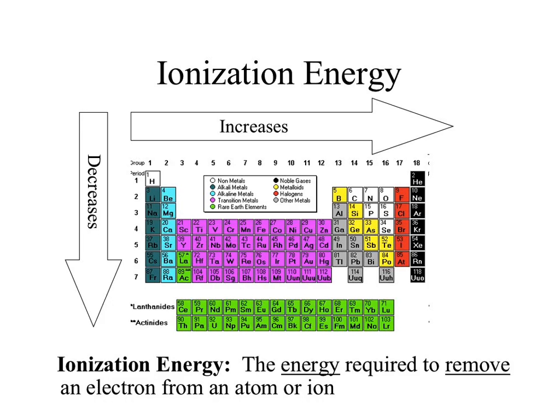So this is all about forming positive ions. That's what ionization energy is. It's the energy to form a positive ion, basically. So, ionization energy, it's all about the positive.